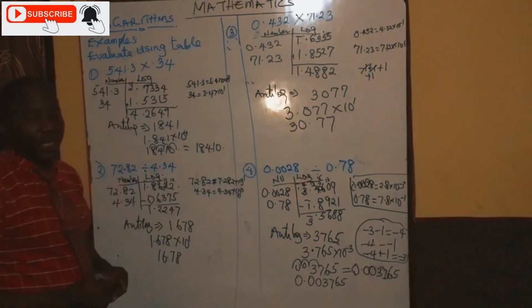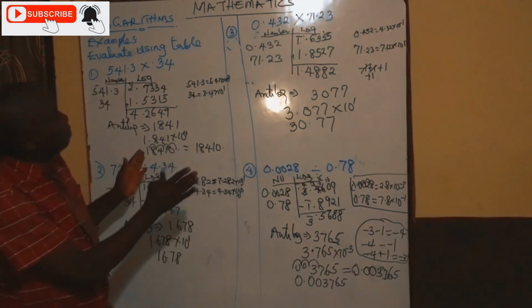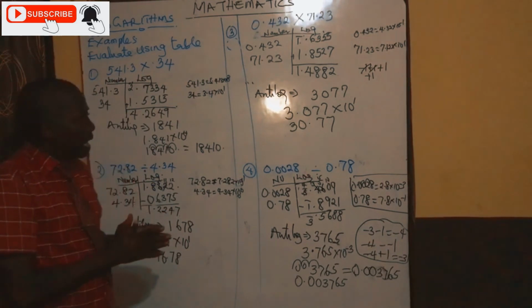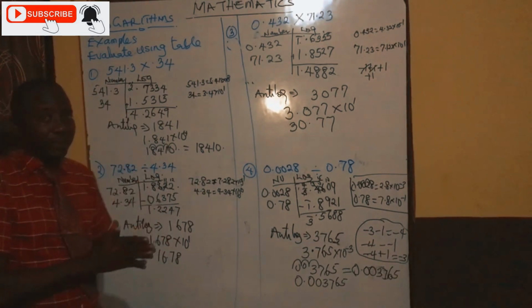So that is the way the simple problem can be approached, and the simple problem can be explained in this way.